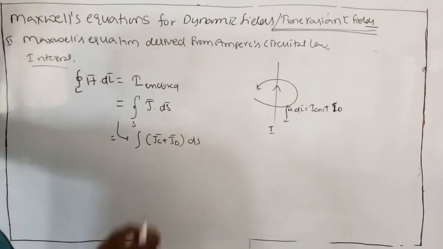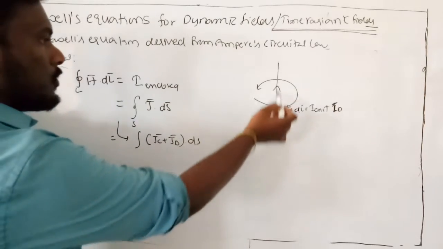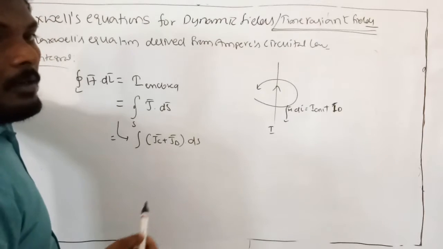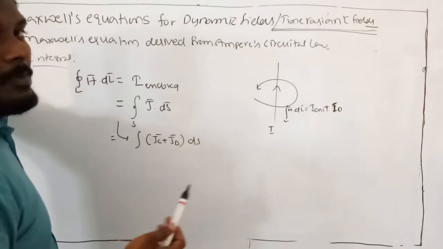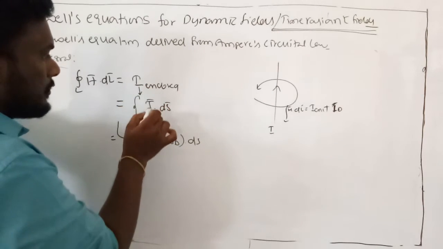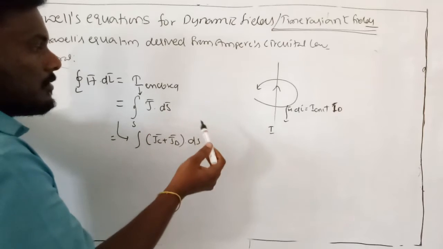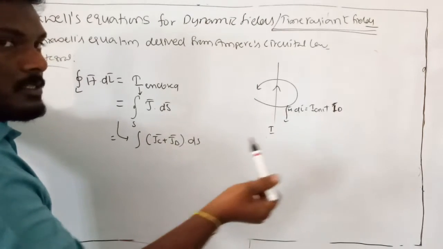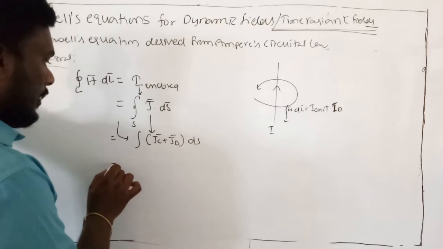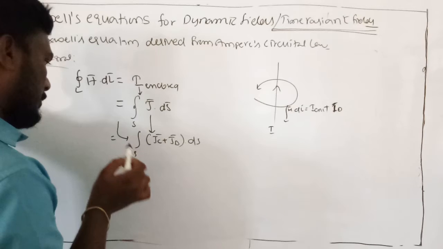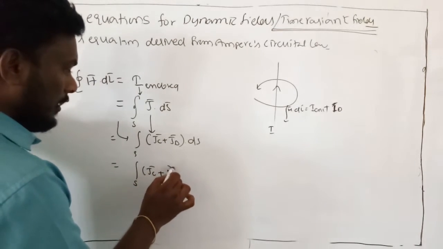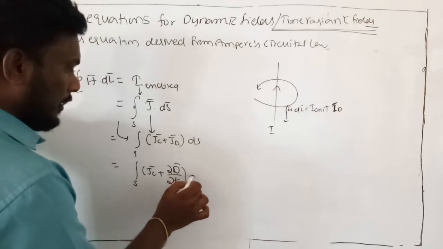Again I am repeating here. This is the current enclosed, which may be the steady current, dynamic current or displacement current. Now I am representing this I in terms of J. This J indicates the total current density, that is the conduction current density and the displacement current density. So the expression is Jc bar plus Jd, that is dou D bar by dou t.